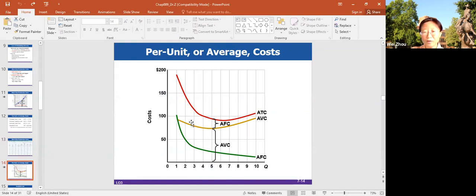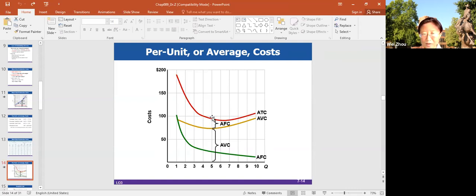Okay, and then average variable cost is U-shaped, average total cost is U-shaped, and average total cost is the sum of average variable and average fixed. So in that case, if you draw a line, this is the cost. And here to here, below the yellow line, is average fixed and average variable. And then here is average total.